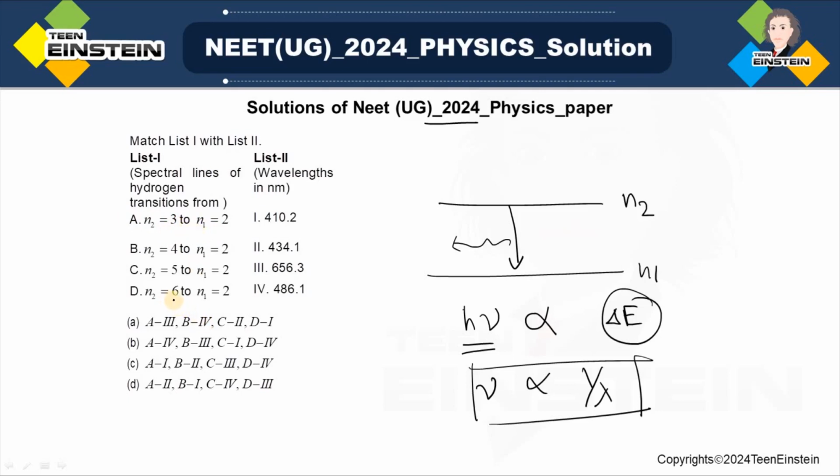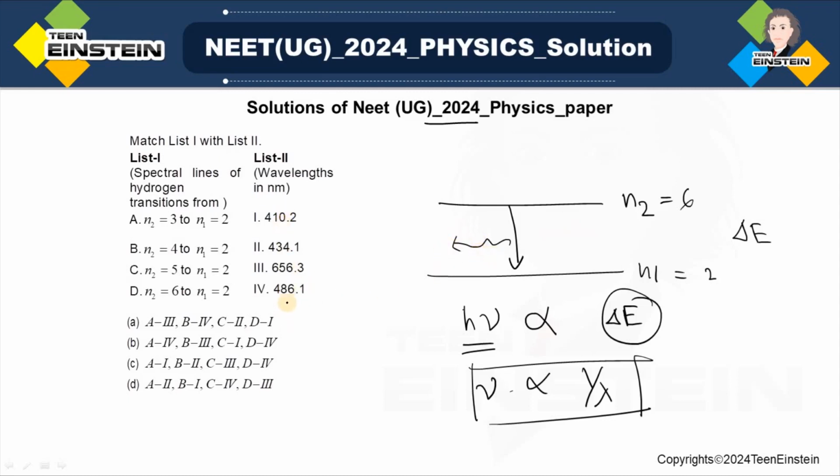See, here the highest gap is given in the transition D, so n2 is equal to 6 and n1 is equal to 2. So this will give you the highest energy gap. For the highest energy gap, the frequency of the corresponding radiation will also be the highest, then wavelength will be the least.